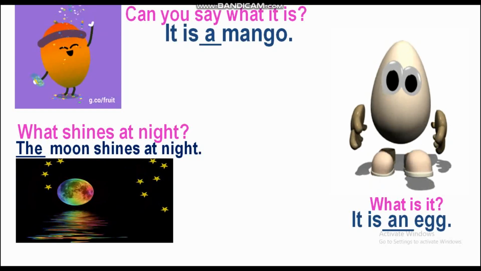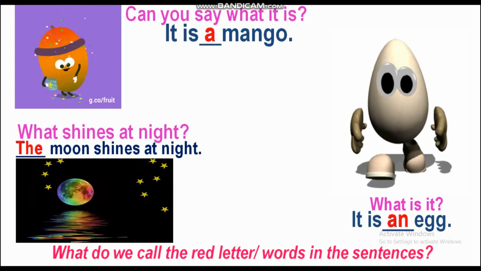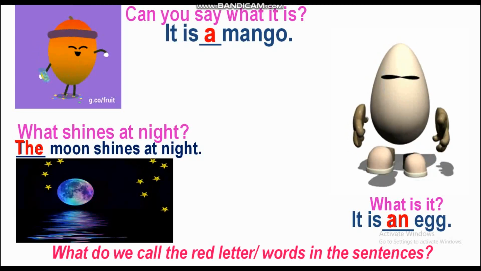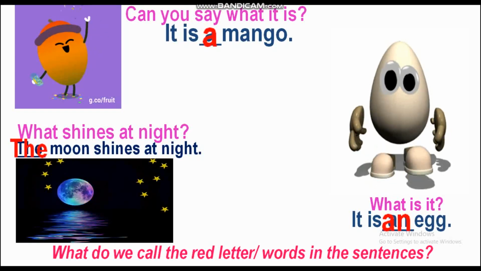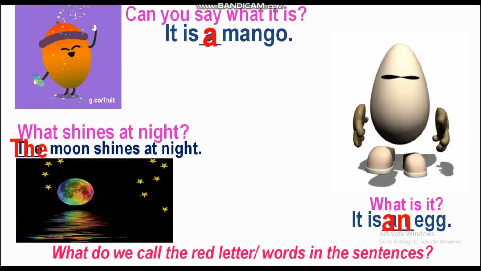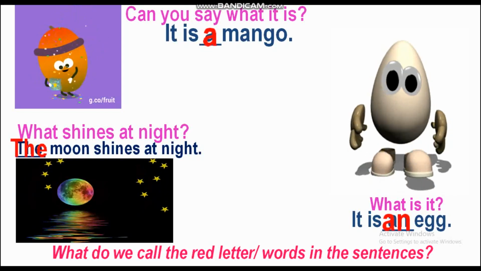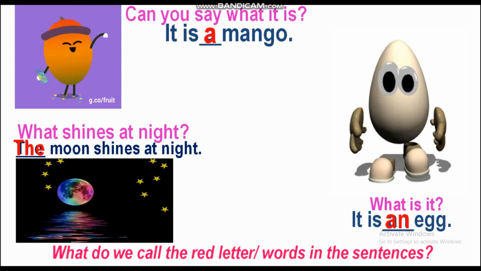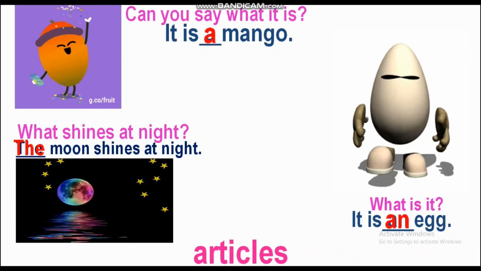Now come to the point, dear students. What do we call the red letter or words used in the sentences? In the first sentence, a. In the second sentence, an. And in the third and last sentence, the. Articles.